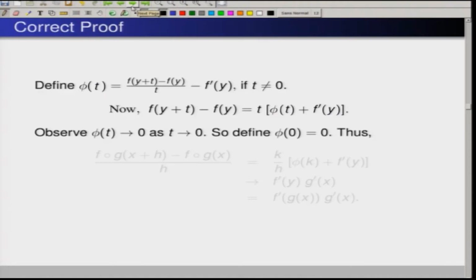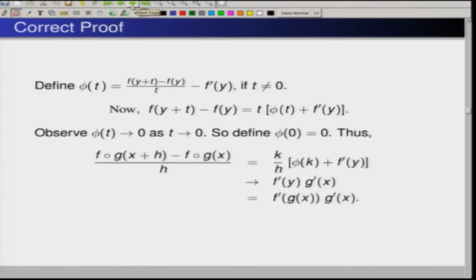Now let us look at the Newtonian quotient: f composed with g of x plus h minus f composed with g of x, divided by h. I take 1 by h out. Here we cannot divide by k, that is our problem.